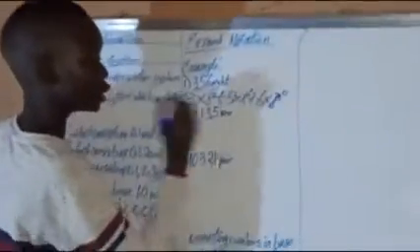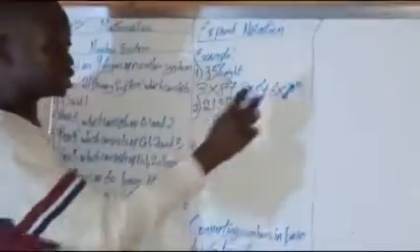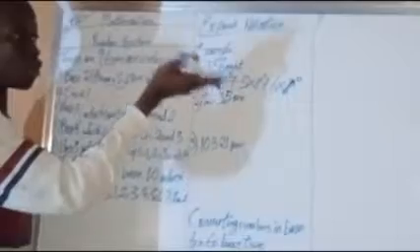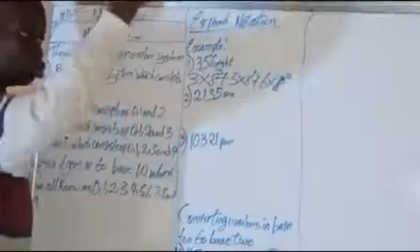From the beginning is 0, the next is 1, and the last is 2. So this is the expanded notation: 3 times 8 raised to the power 2, plus 5 times 8 raised to the power 1, plus 6 times 8 raised to the power 0. That is the expanded notation of 356 base 8.